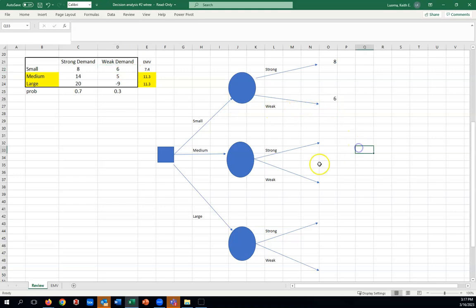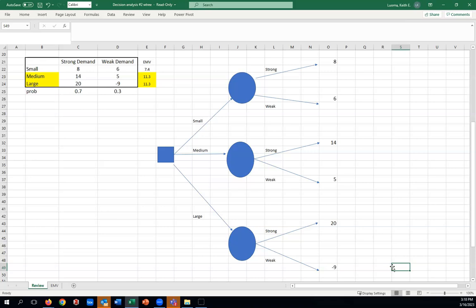And similarly, just going down, medium followed by strong would be 14, whereas medium followed by weak would be 5. And finally, down at the bottom, large with a strong demand would be 20. Large followed by weak demand would be a loss of 9, minus 9.